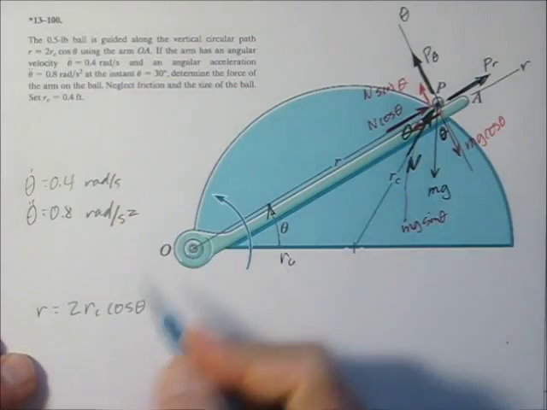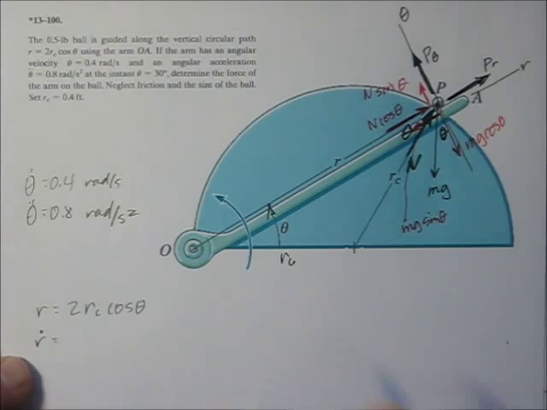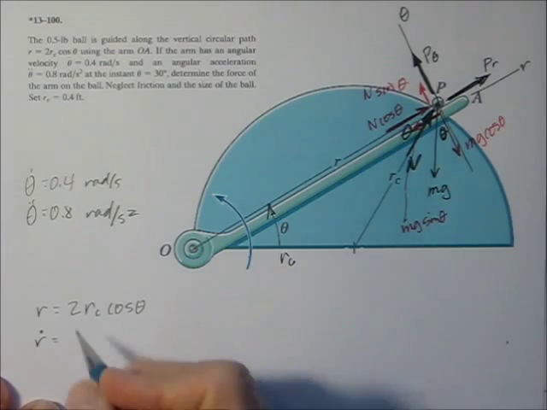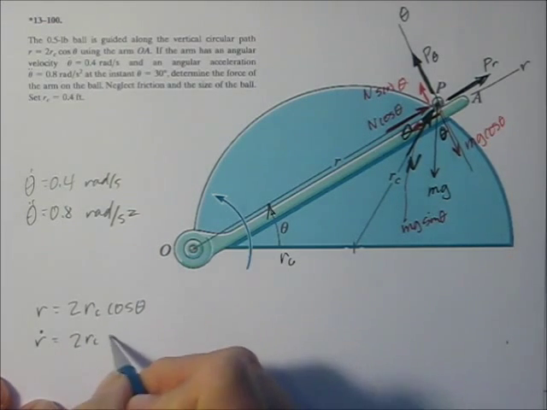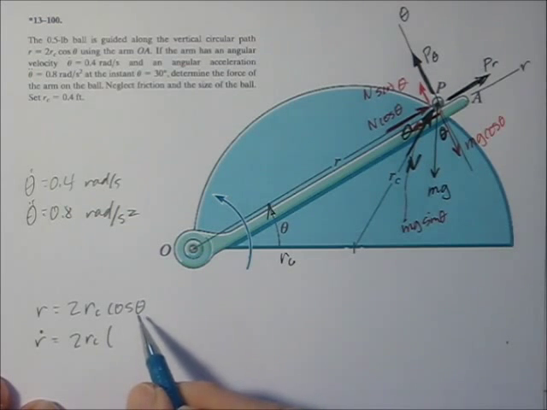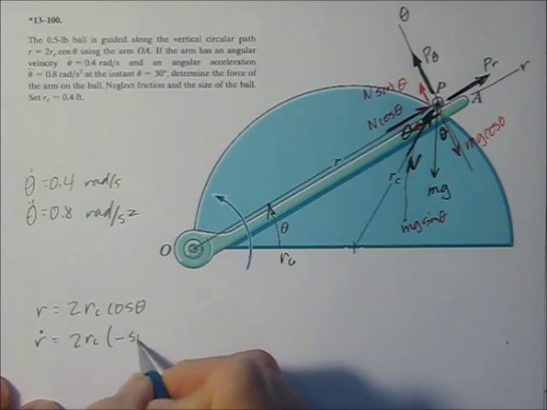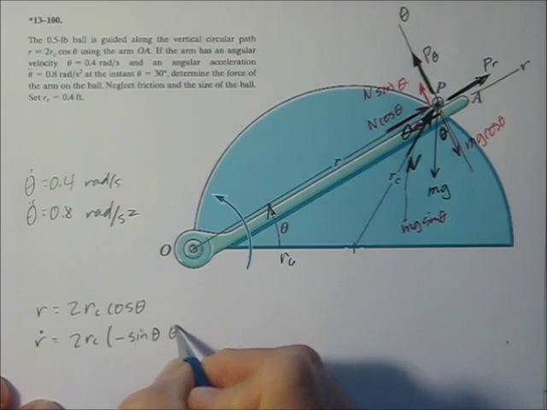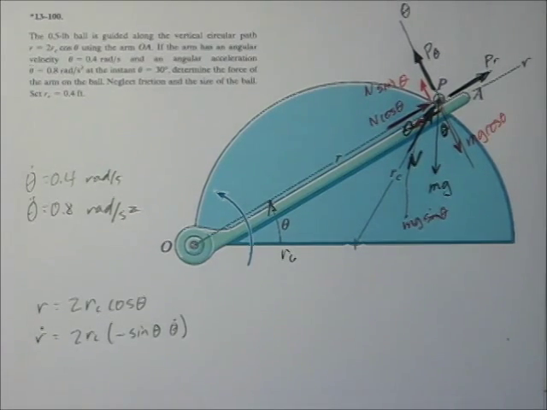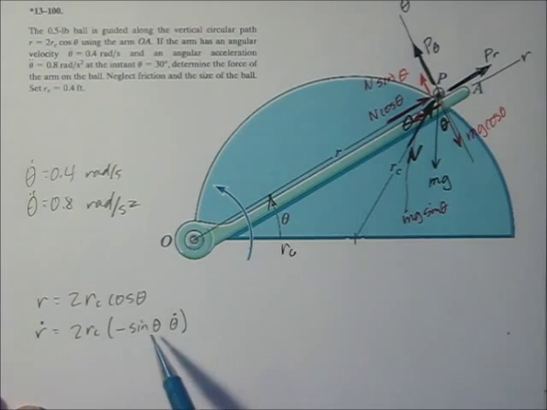That's given right there. r dot, we're going to have to do the chain rule. So 2RC is a constant, and the derivative of the cosine is the minus sine. And I need to put a theta dot on there from our rules before. So this is dr d theta, d theta dt.